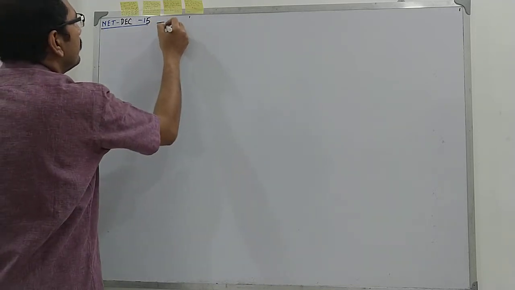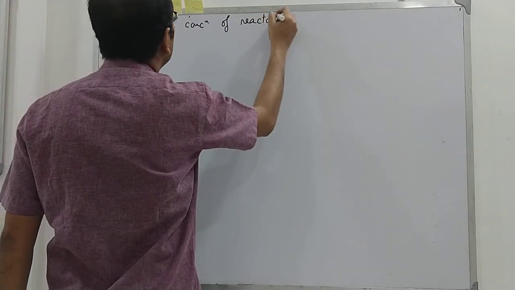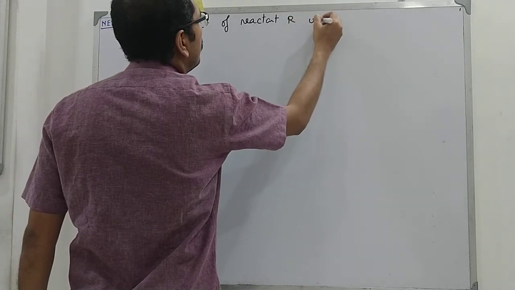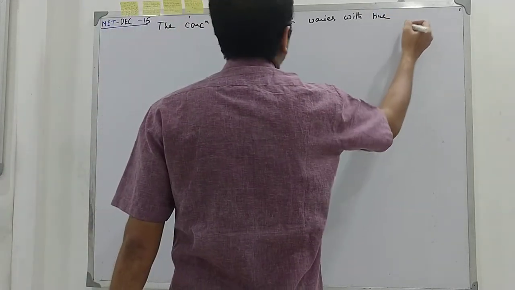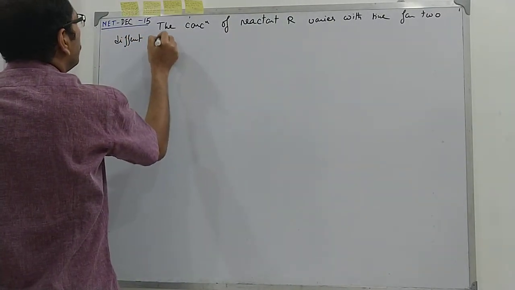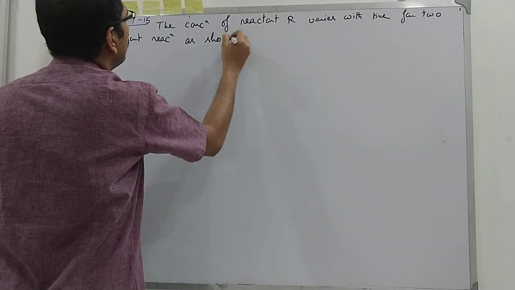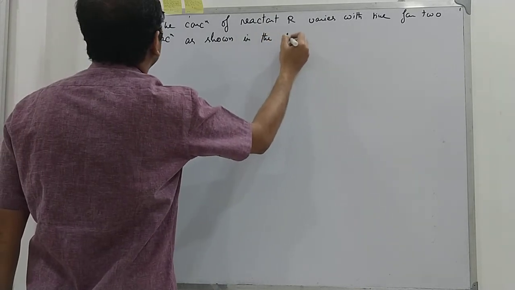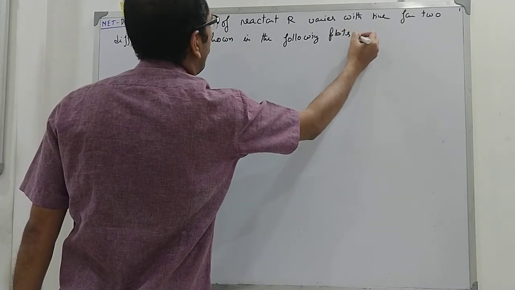It is given that the concentration of reactant R varies with time for two different reactions as shown in the following plots.